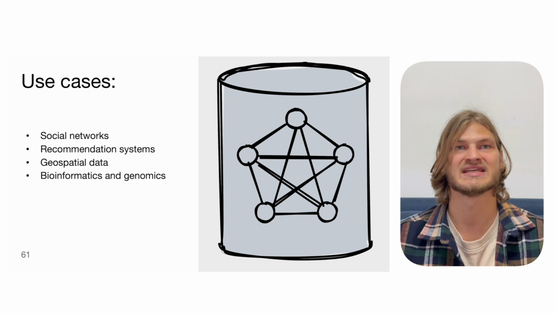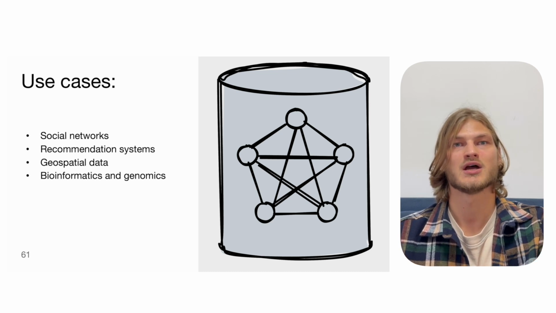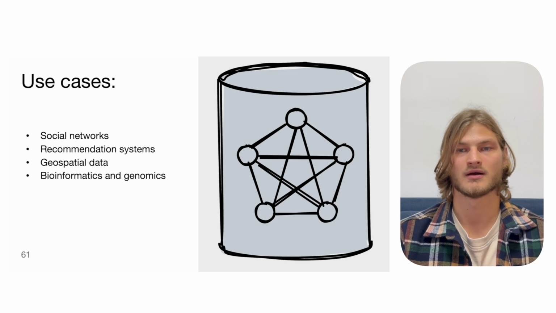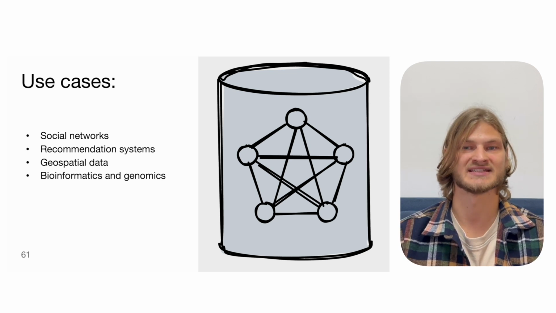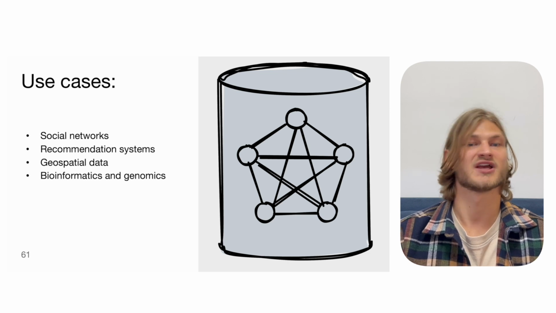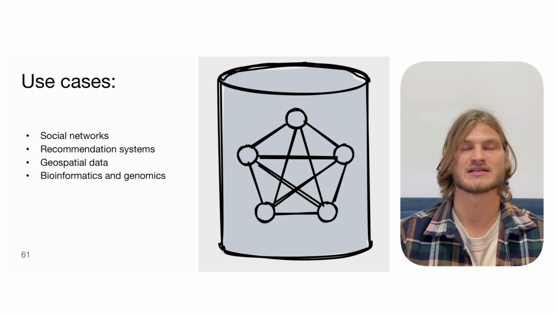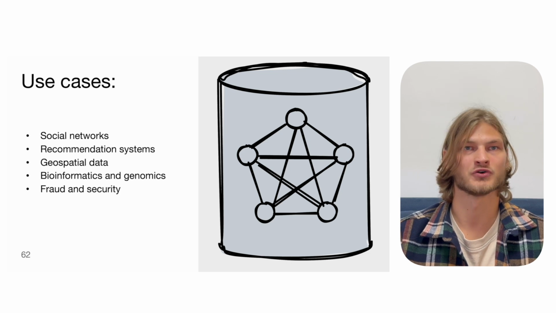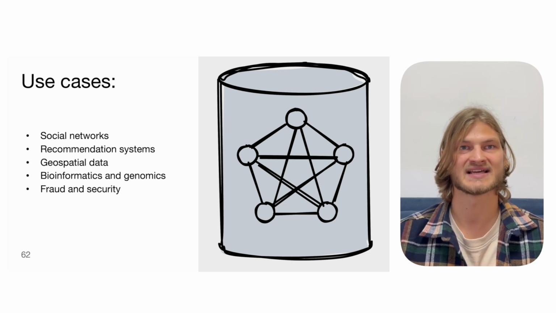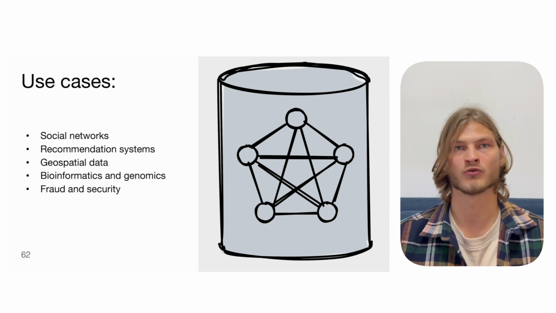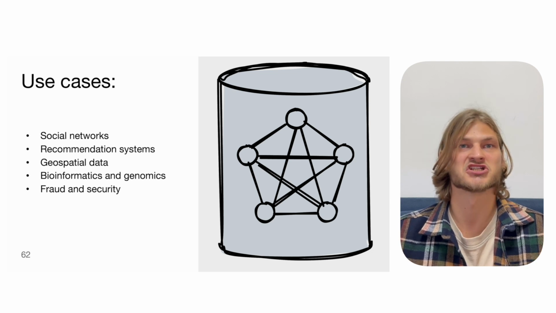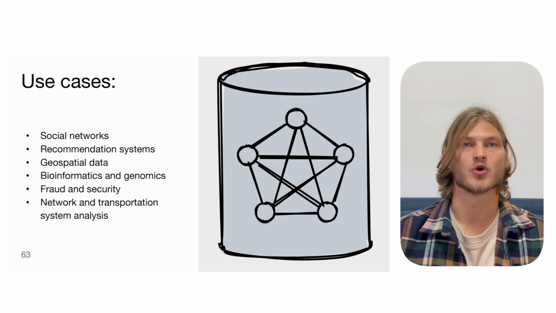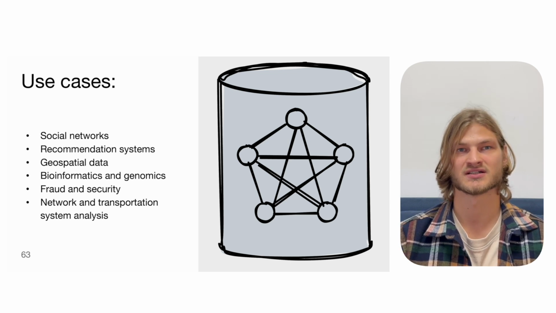It is widely used in bioinformatics and genomics. It can be used for analyzing genetic data, gene and protein relationships, as well as metabolic pathways. It is also used in fraud detection and security to analyze networks and connections, prevent fraud and enhance security of systems and applications. Also, it's used in network and transportation system analysis.